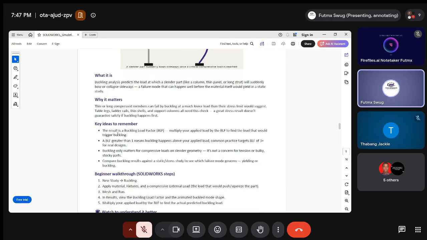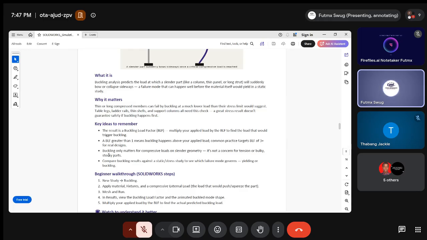The key idea you need to remember in this analysis is the buckling load factor. Multiply your applied load by the buckling load factor to find the load that will trigger buckling. When the buckling load factor is greater than 1, buckling happens above your applied load.